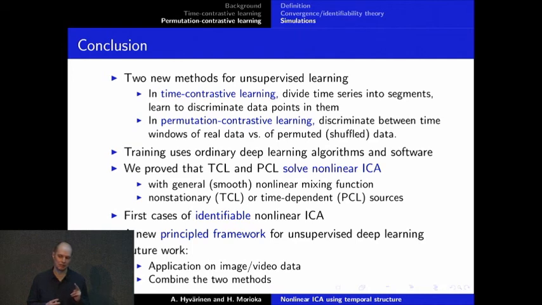But it would be really interesting if you could find a new form of temporal structure which enables separation and which is general enough. But I really don't know what it would be. From a practical viewpoint, I think what we would really need is to probably combine these two properties: look at the same time at non-stationarities and temporal dependencies.